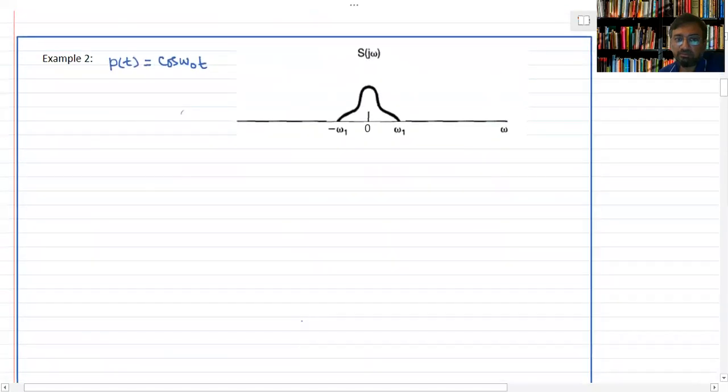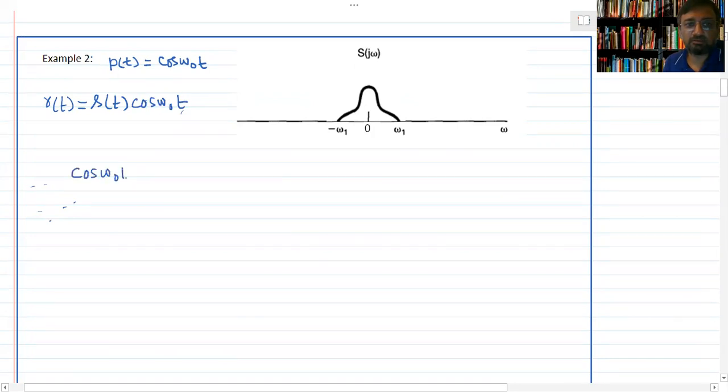Now, in this example, we want to do the modulation, but instead of using a complex exponential, here we use a cosine carrier, cos ω0t. That is, now we want to modulate s(t) by multiplying it with cos ω0t. And we know that cos ω0t, its Fourier transform comprises two impulses.